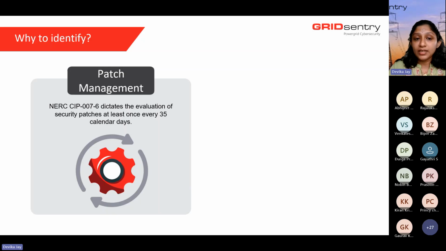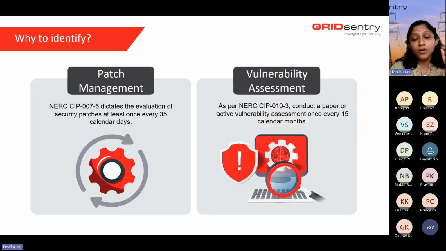They have a mandate saying that evaluation of security patches within these cyber assets should be done almost every 35 calendar days. Also, there should be a vulnerability assessment of these devices that are there in the network every 15 calendar months. So that is a mandate that is coming from the regulation as well, and it is not just something hypothetical.